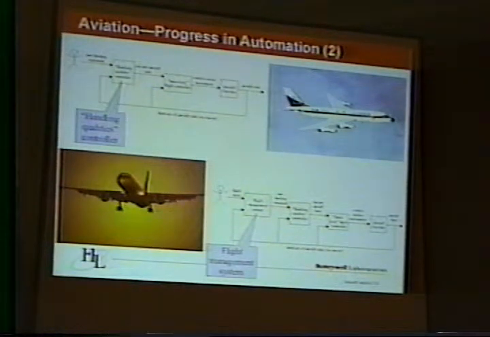So the handling qualities controller essentially had some criteria related to how you want to transition from one heading to another in terms of the comfort of the passengers, fuel economy, wear and tear on system components. And so that was in the 1950s. And then in the 1970s and the 1980s, we saw the development of flight management systems.